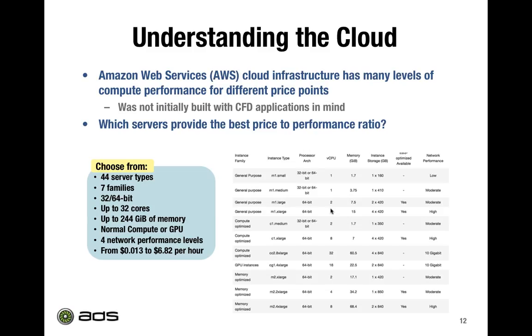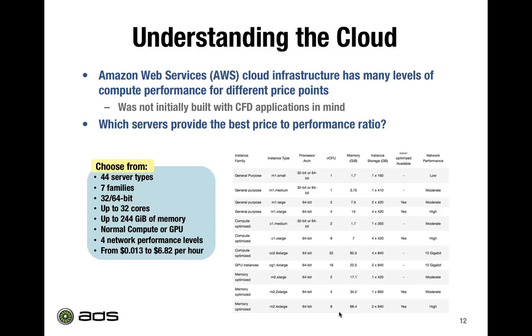So first thing is understanding what the cloud infrastructure is. And I'm going to focus specifically on Amazon Web Services cloud infrastructure. This is something that we have a lot of experience with. We've been working with them since about 2008, so I've worked with them quite closely. I don't want you to focus on this little eye chart down on the right.